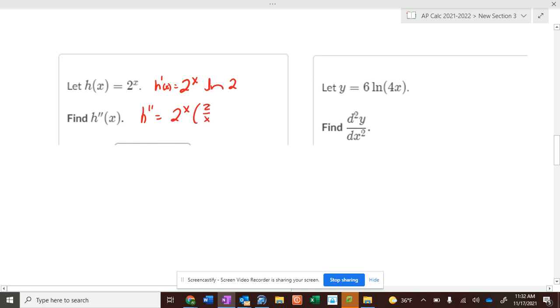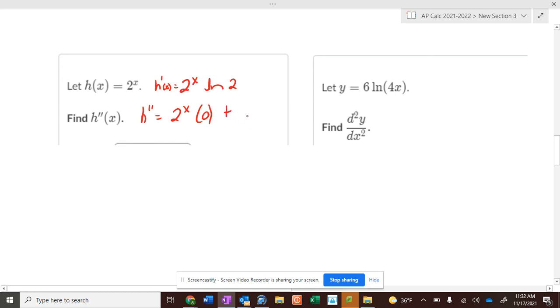Why would it be x over 2? No, the ln of 2? Isn't that 0? The natural log of x is 1 over x. But the natural log of 2 is like a number, 1 point something. What's the first derivative of a number? 0.